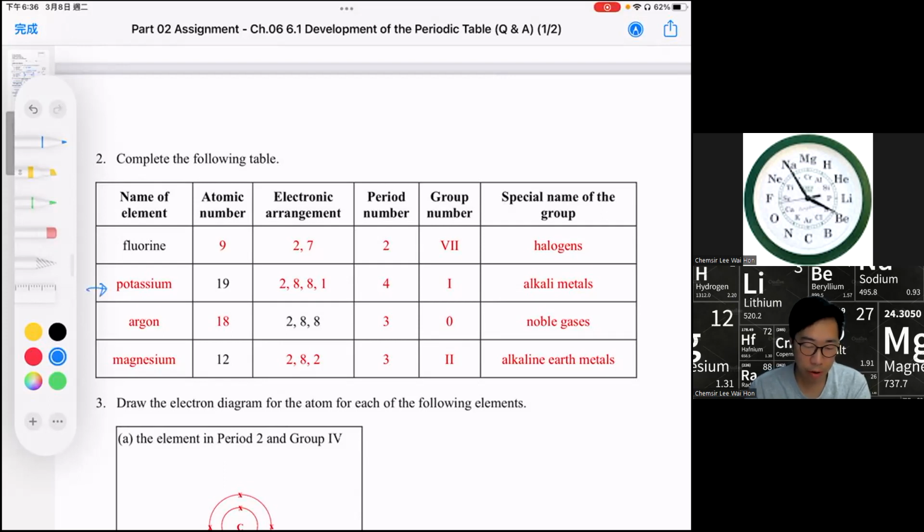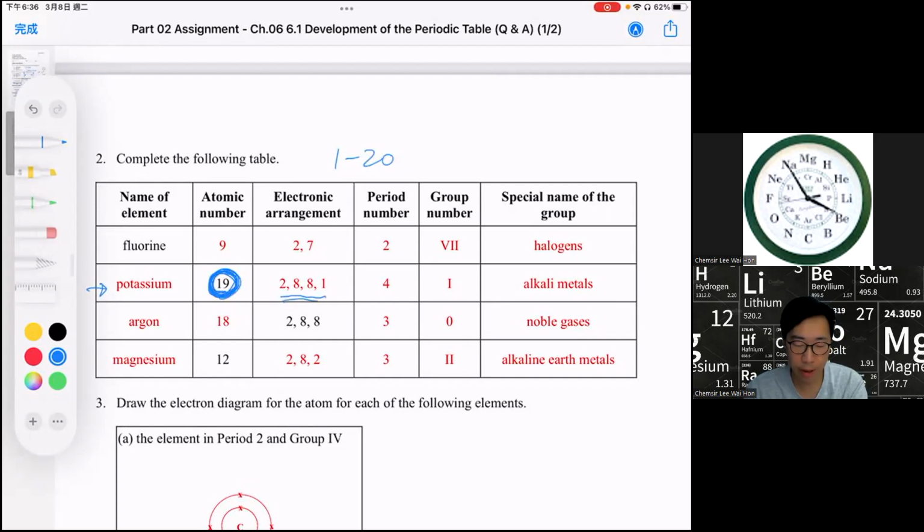How can we know it is potassium? Of course, always remember that you have to be able to identify elements based on their atomic number, especially the first 20 elements, okay? So number 19, you should be able to recall that it is potassium.